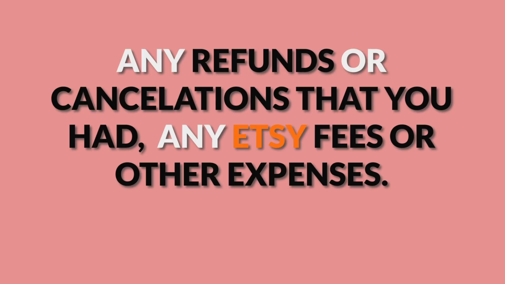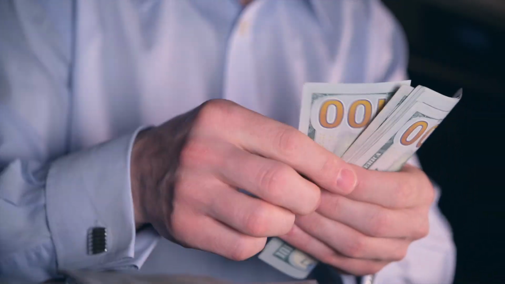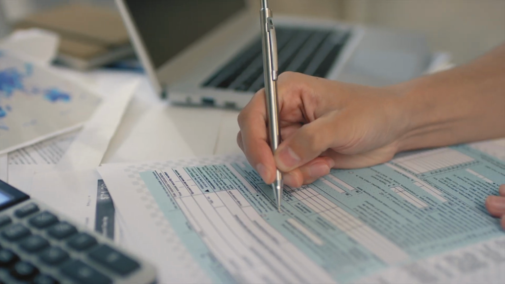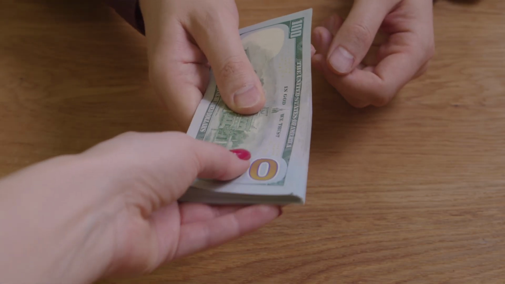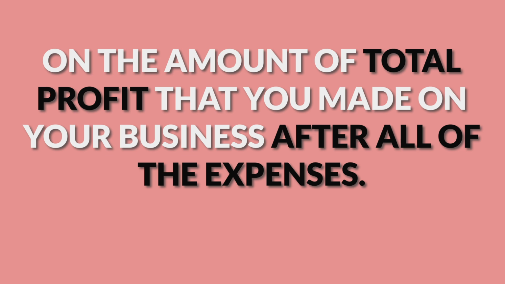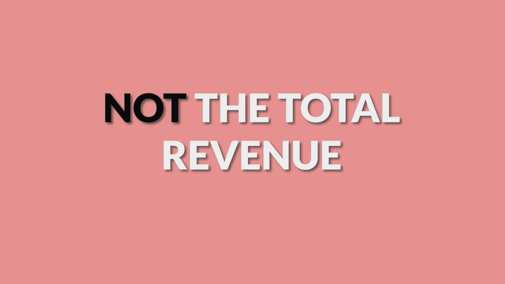This does not take away any refunds or cancellations that you had, any Etsy fees, or any of your other expenses. So you need to figure out what all of your expenses were for the year for your business so you can write these off on your taxes. And then you actually only pay the income tax on the amount of total profit that you made on your business after all of the expenses, not the total revenue.